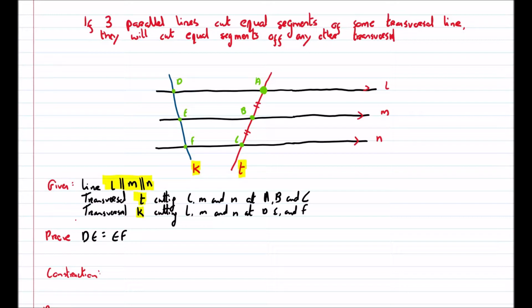Now, the construction. I'm going to draw a line crossing A, so crossing this point here. I'm going to draw a line parallel to the blue transversal. So there it is. And I'll label the points. Then I'm going to draw another transversal, cutting E, parallel to the red transversal, here.